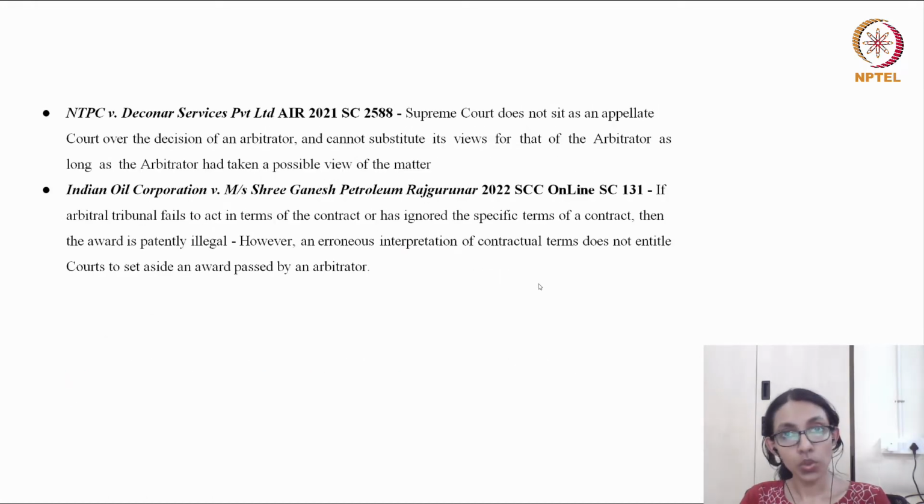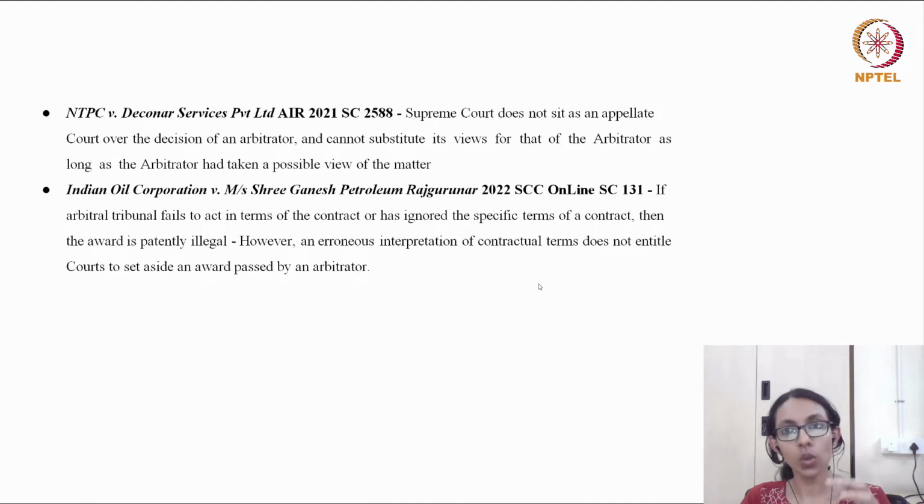In two recent decisions, the Supreme Court has clarified the scope of the finality of an arbitral award and the situations in which the Supreme Court can intervene with the decision of an arbitration tribunal. So, in NTPC versus Dekona Services, as well as its decision in Indian Oil Corporation versus Sri Ganesh Petroleum, the Supreme Court has clearly stated that it is not an appellate authority from the decision of an arbitrator.